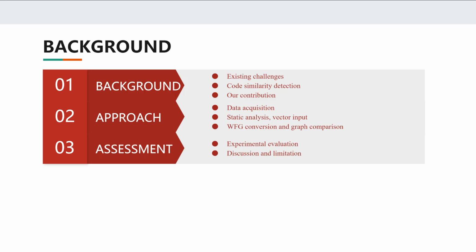The second part introduces the basic design steps, mainly including 5 stages: data collection, static analysis, vector input, weighted feature graph conversion, and graph comparison. The third part introduces the evaluation method.